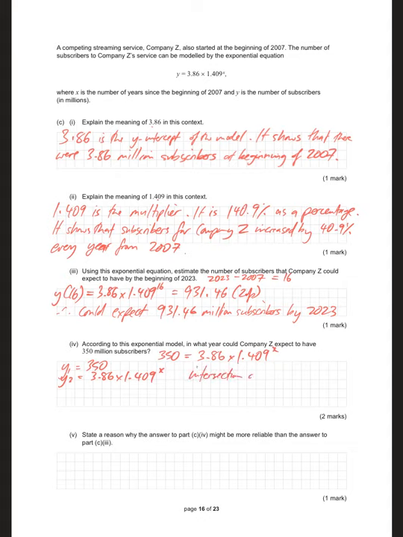Intersection at. I'm going to try a zoom fit to see if it finds a good zoom for me. It's drawn the horizontal line for y equals 350. Now it's drawing the red exponential line, and it's clearly not going to meet on the screen, so I'm going to zoom out.